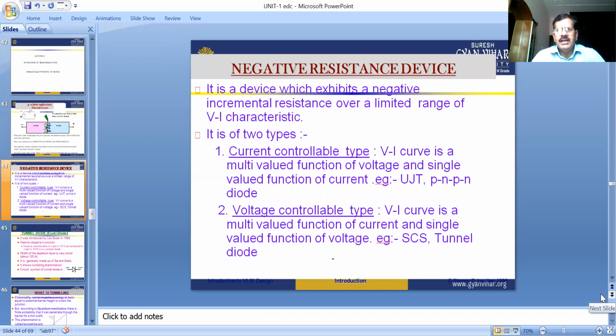Next, negative resistance device. Some semiconductor devices have negative resistance. A negative resistance device exhibits a negative incremental resistance over a limited range of VI characteristics.